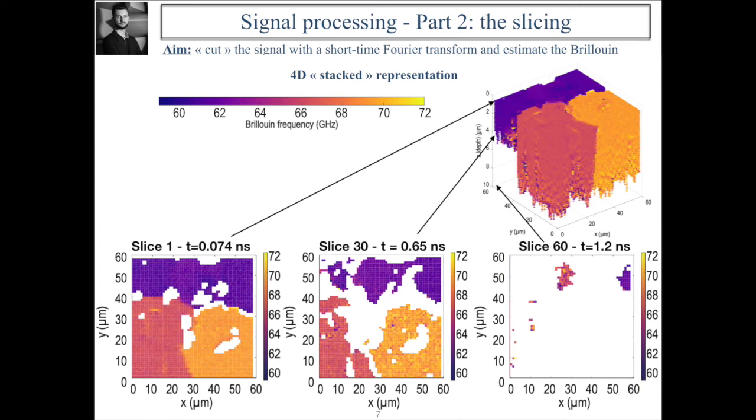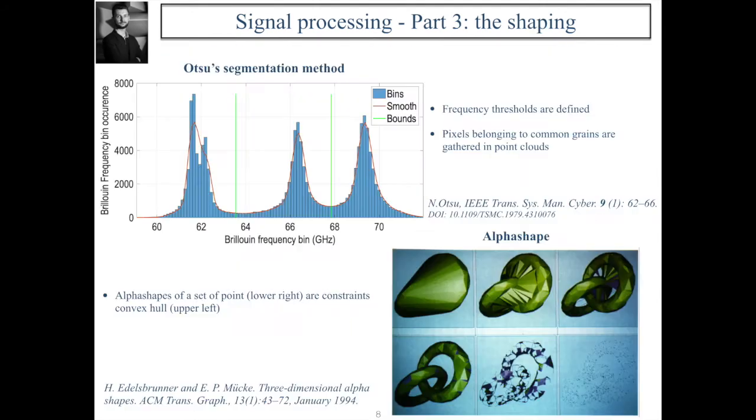Brillouin oscillation frequency. Now, to shape these different grains that compose the polycrystal, we have extended Otsu's segmentation method in order to regroup the pixels or points that belong to the same grain.